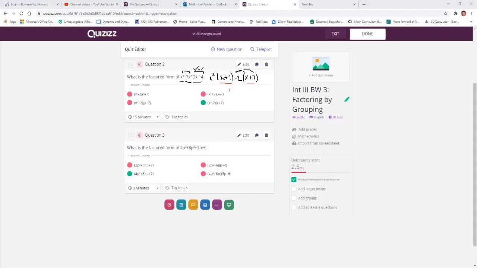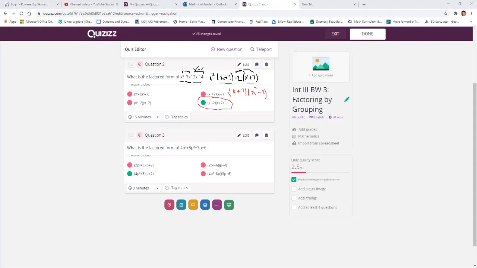So I can take out the x plus 7. And what's left over is x squared minus 2. So the answer is going to be here.